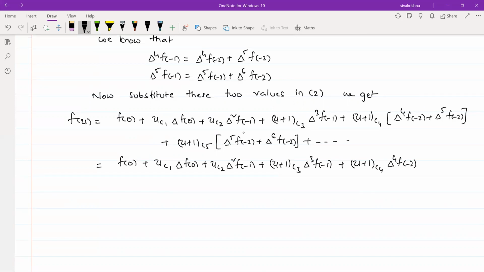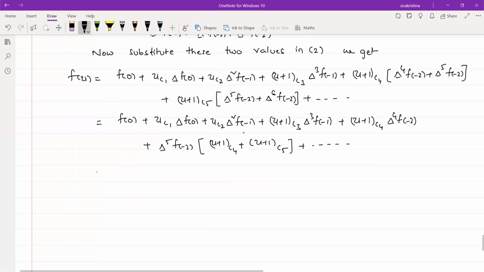And we are having two terms of delta power 5 f of minus 2, so we have to take delta power 5 f of minus 2 common. The coefficient of delta power 5 f of minus 2 is u plus 1 c4 in one term, and in another term u plus 1 c5. So I have written u plus 1 c4 plus u plus 1 c5, plus and so on. We need not write the remaining terms.